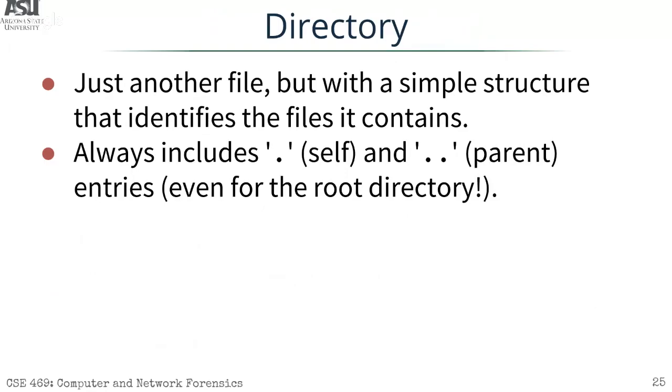In ext4, it will always include two special entries, the dot entry and the double dot entry. Dot points to itself, and double dot points to its parent. So even the root directory has a double dot entry.